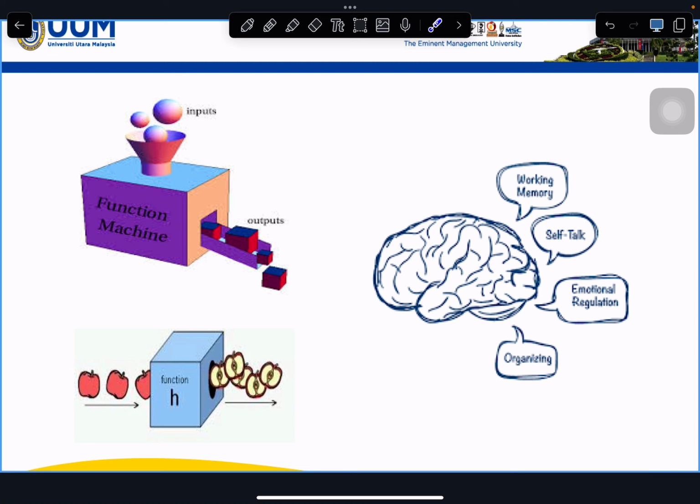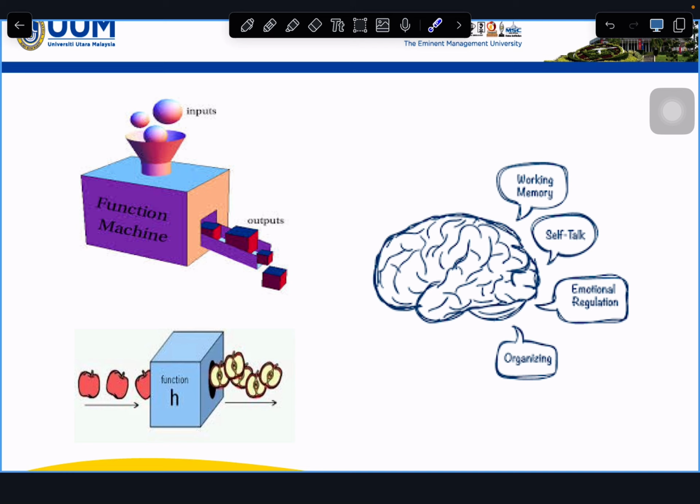Okay. So this one we have 3 different pictures. What do you see here? Let's say the first picture. My question is very general. What do you see? Machine.